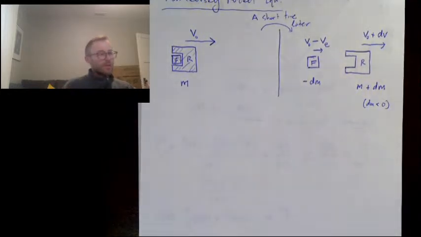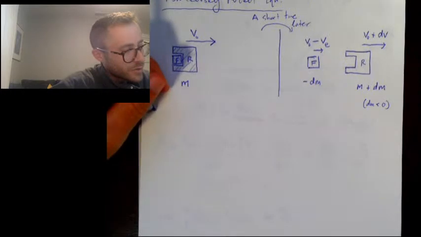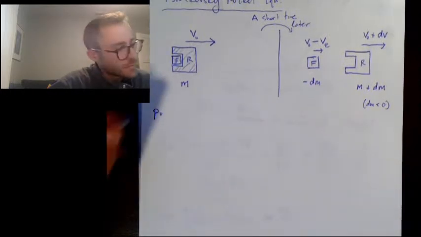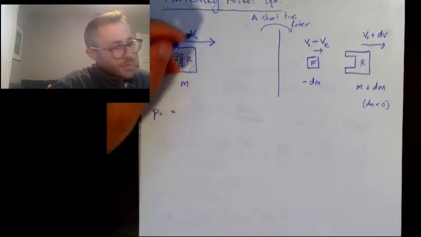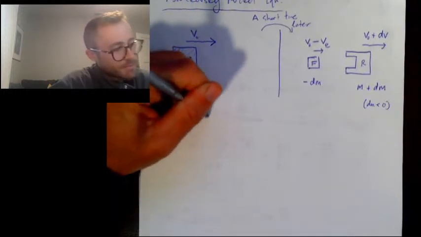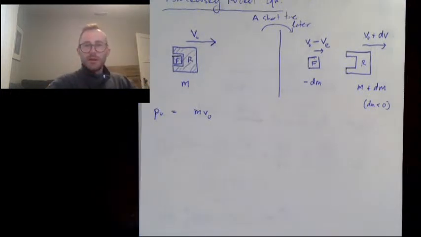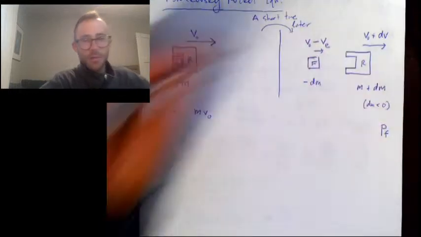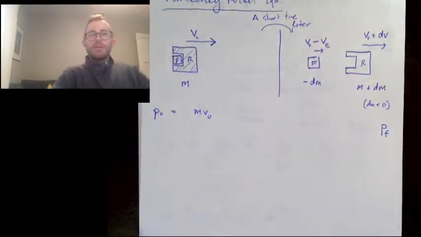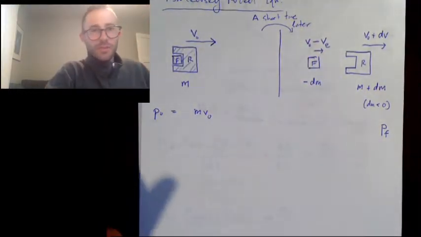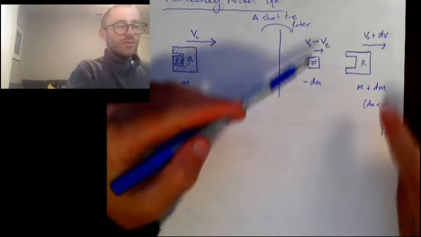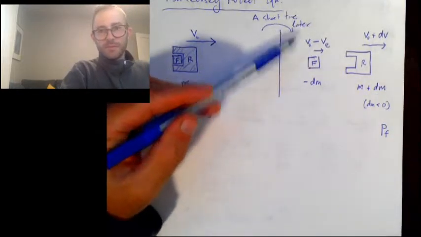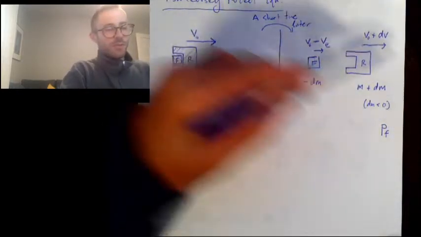So let's write an expression for the initial momentum of this system: m times v naught. Easy. Now let's write an expression for the final momentum of the system. It consists of two parts, mv for the exhaust, and mv for the rocket itself.